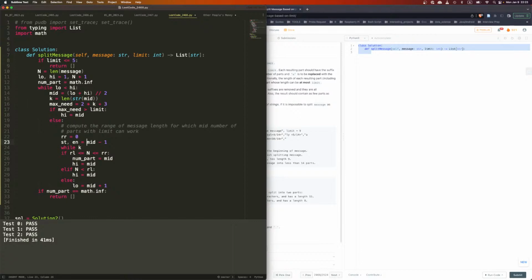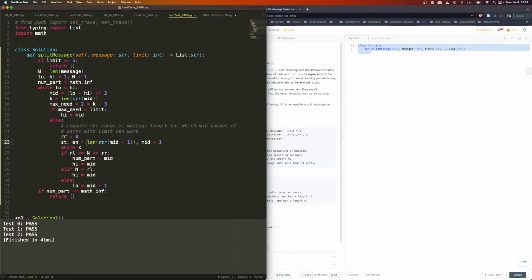That's actually not true. It should be the same number of digits as mid minus 1. How do we know that? We know that by str of mid minus 1. Put a length on it, okay?